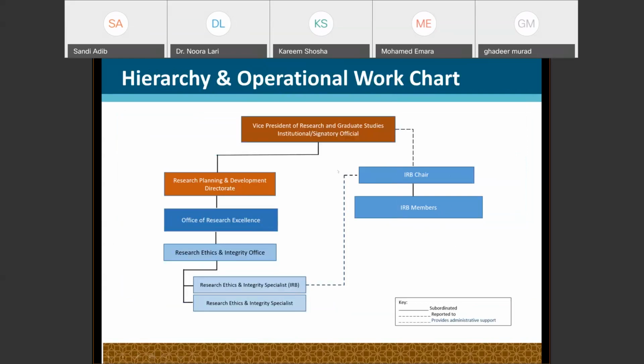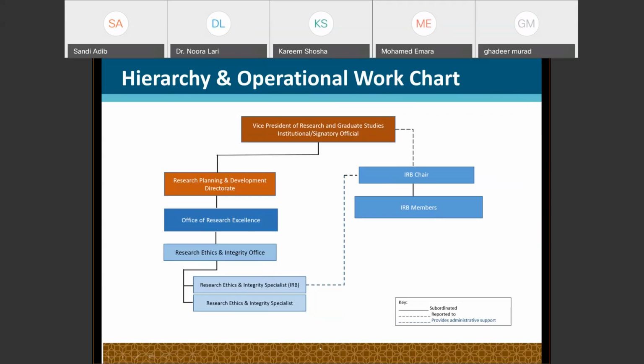The institutional official of record on the Ministry of Public Health Assurance has the ultimate responsibility to ensure ethical research compliance. The IO also ensures the protection of the rights and welfare of human subjects in any research done by QU or at QU, and ensures the independence and autonomy of the QU-IRB.